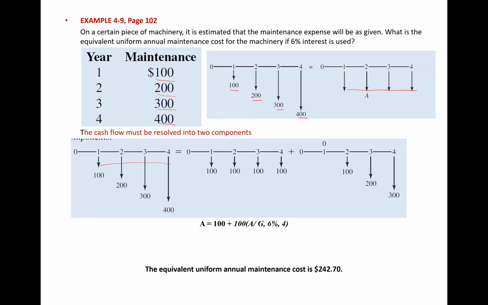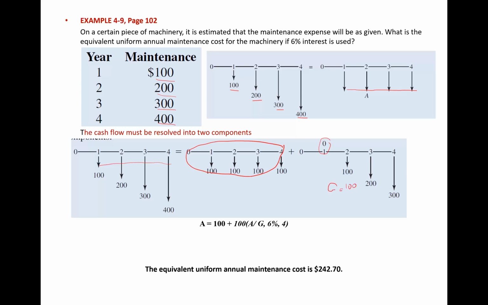So here we get a uniform series, and after that we have a gradient starting at 0, and for the gradient G, the increase is 100.